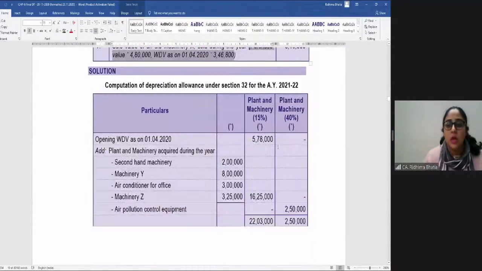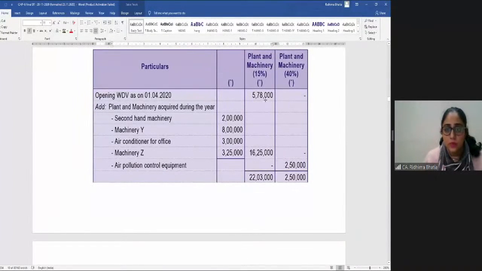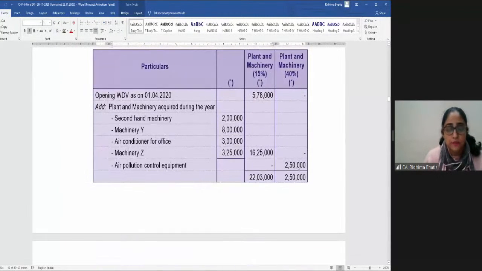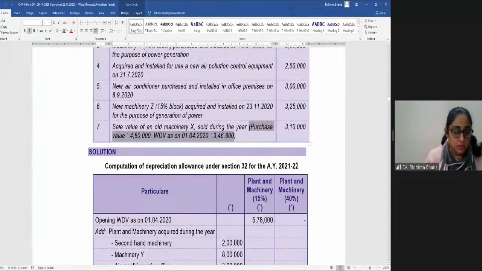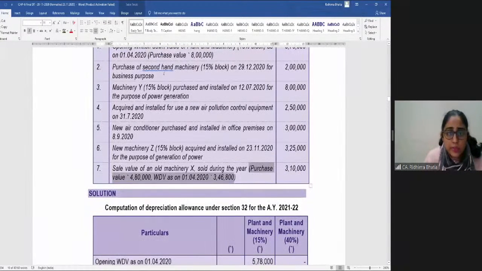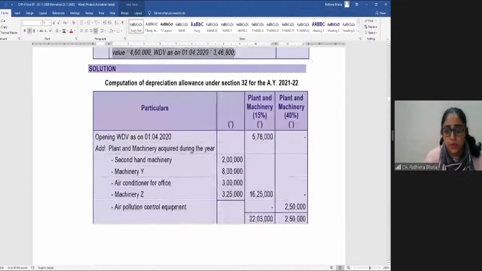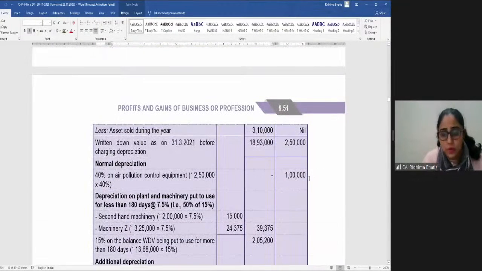Okay. So now you calculated your plant and machinery written down value on which the depreciation would be charged. Now on this 2,50,000, it's plant and machinery 40%. Air pollution equipment was acquired and installed on 31st July 2020, so full 40% would be allowed here.